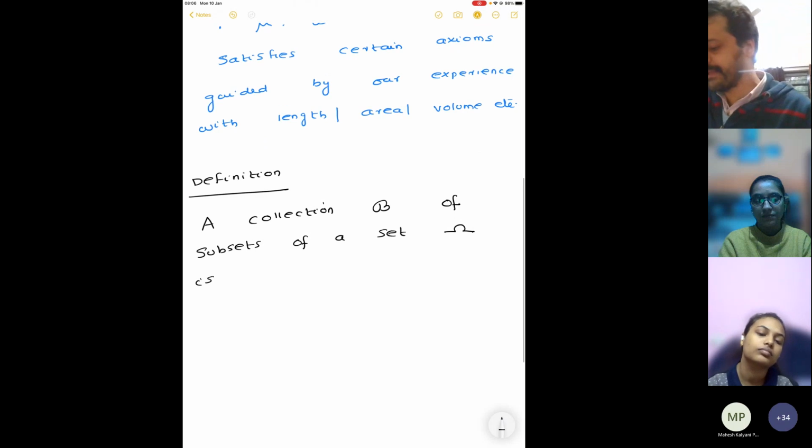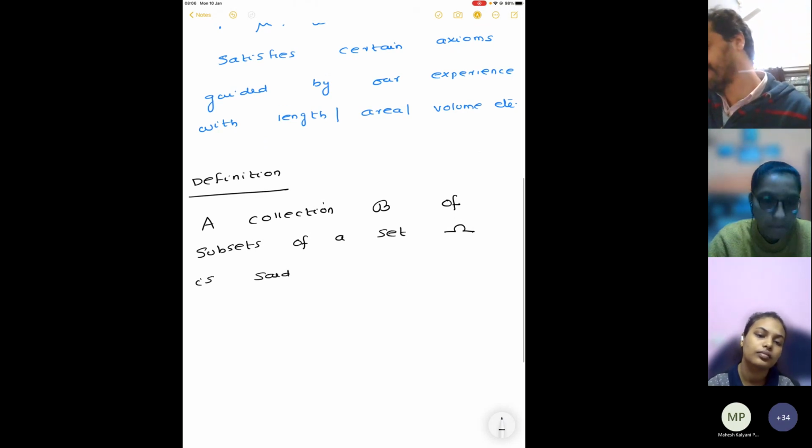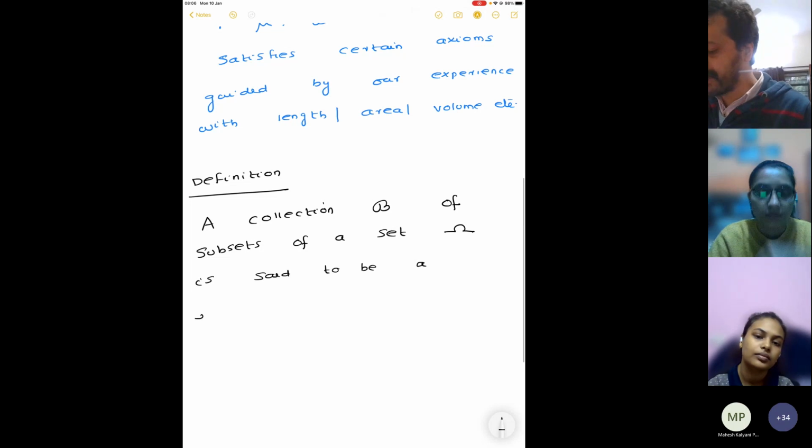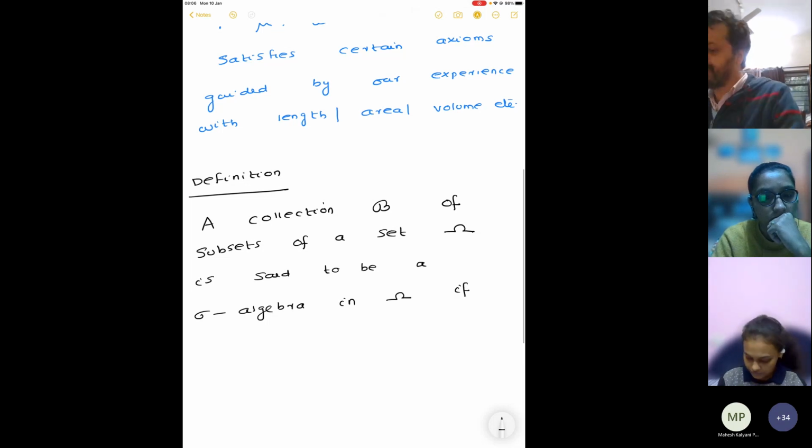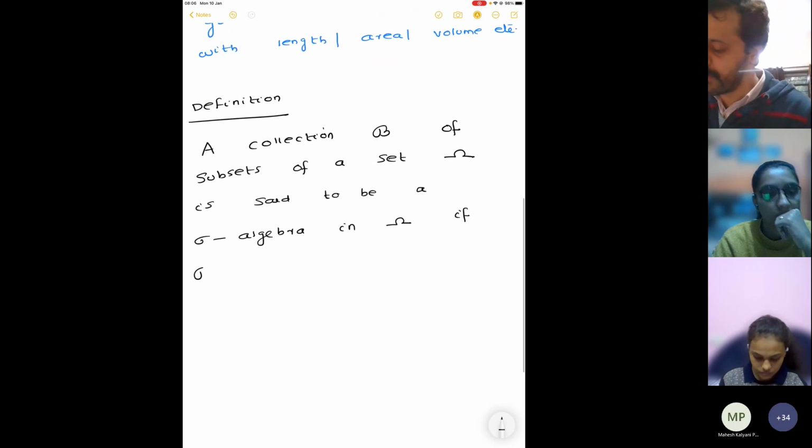It is said to be a sigma algebra in omega if B enjoys the following properties.